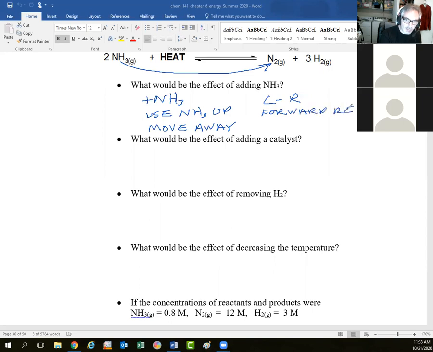So we can say that the forward reaction is favored. So we'll use up the ammonia because we've got too much when more was added, and we'll produce more nitrogen and hydrogen gas. Any questions about that one? Doing okay?